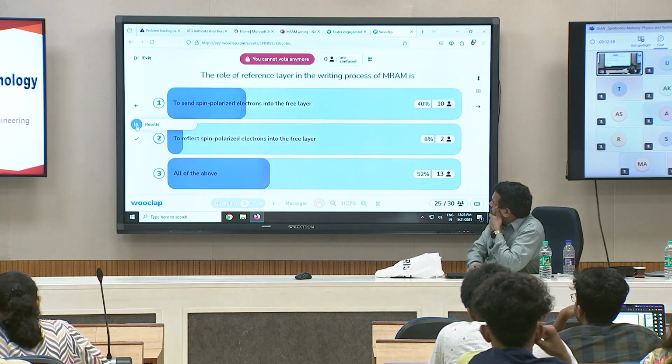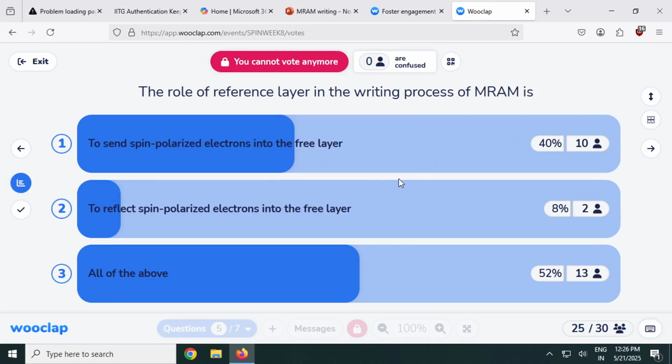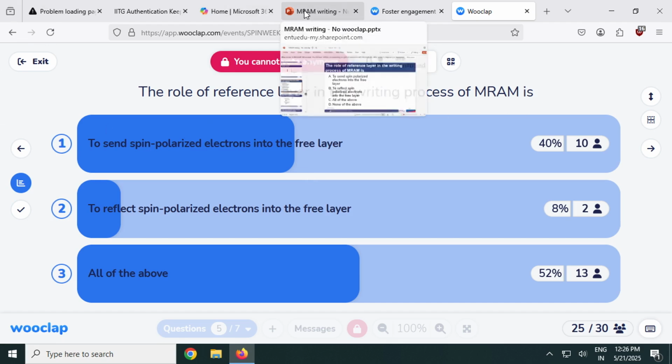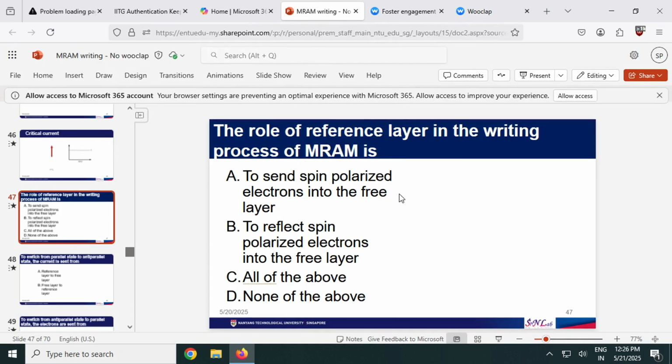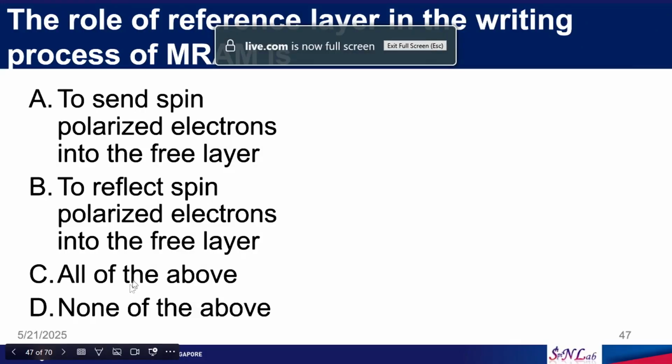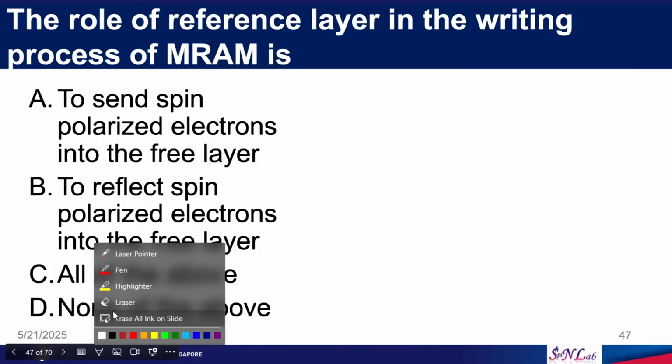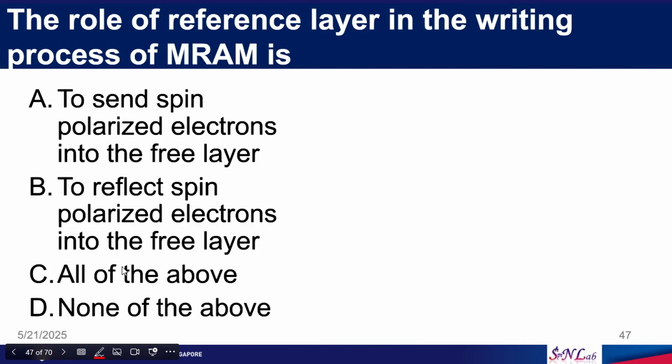Okay, so let's look at the result. Many of you are wrong. The reference layer is doing two things, right? Let us say you go from parallel to anti-parallel.